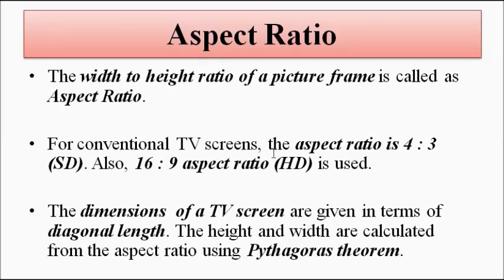For conventional TV screens, in the old days, the standard definition aspect ratio was 4:3. It means the ratio between the horizontal width and the vertical height should be 4:3.